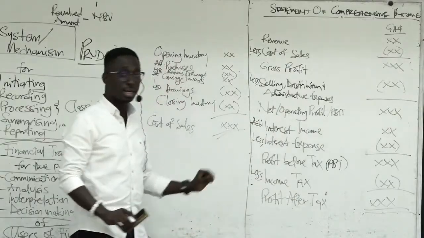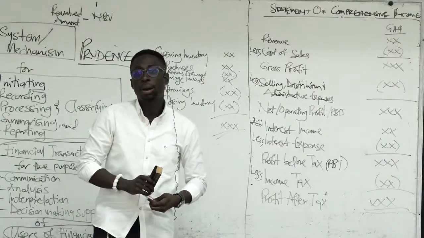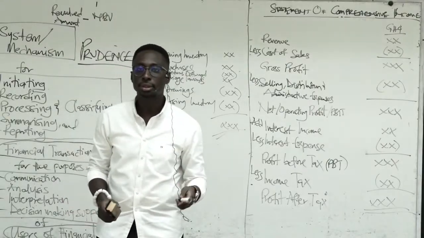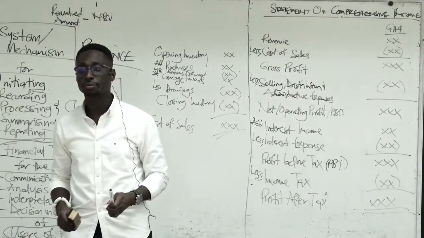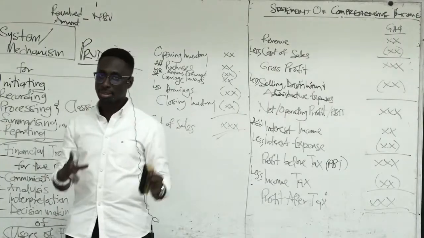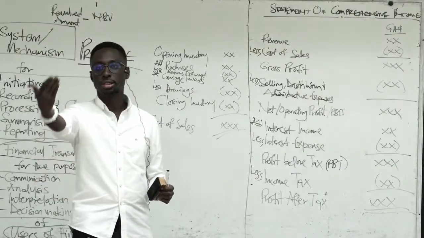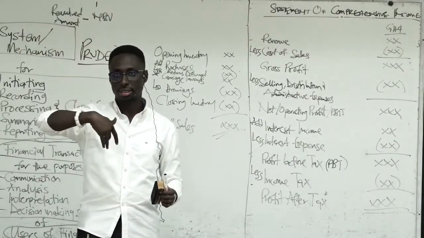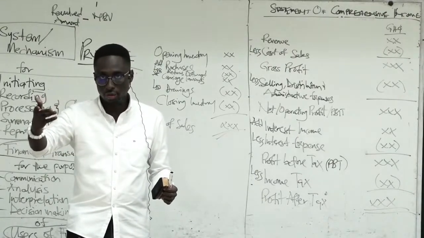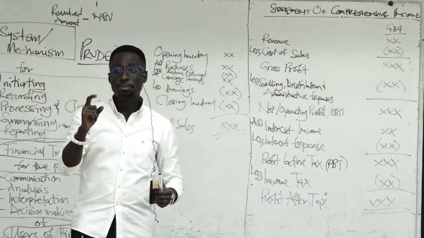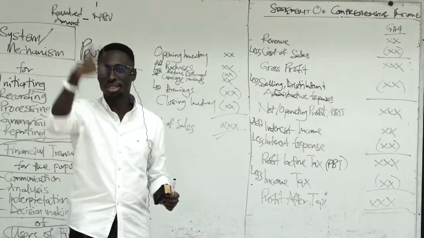Good. Now, let me deal with your question of the difference between or among income, revenue, and profit. That was the question, right? So, incomes are the various flows that come to the business as a result of transactions that it engages in, all right? Some of them may be coming to the business as a result of its core business.